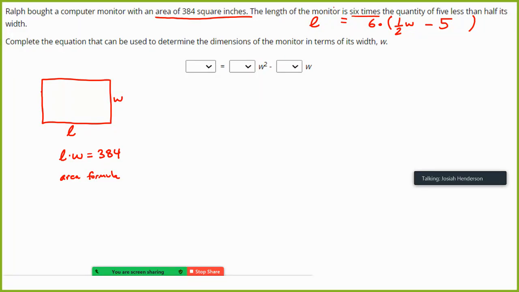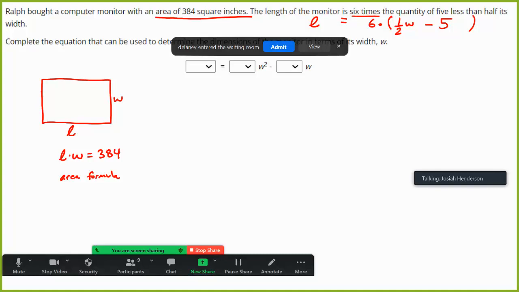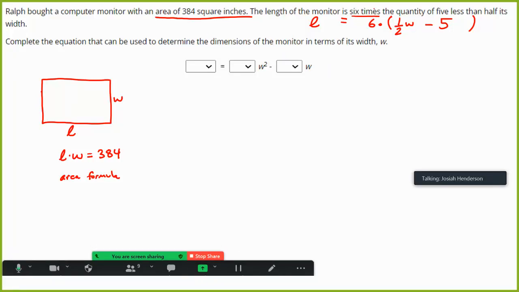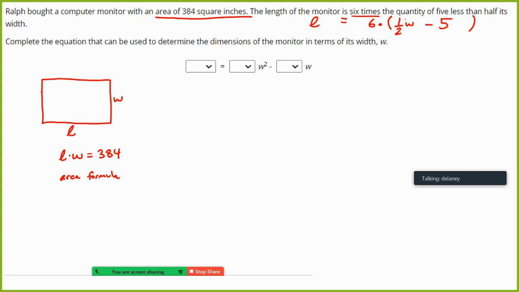So here's all we really have to work with so far: on the left, L times W is 384. And then my new equation is L equals 6 times parentheses 1/2 W minus 5. Okay, this is all good. However, none of it is making a quadratic yet. None of it's making something squared.